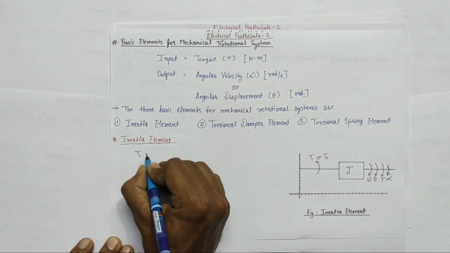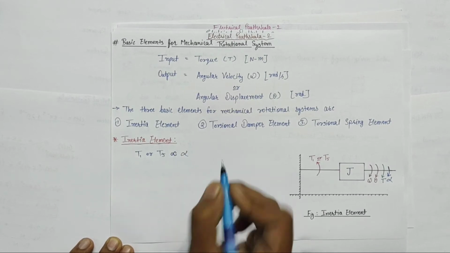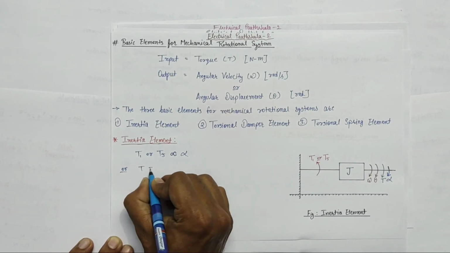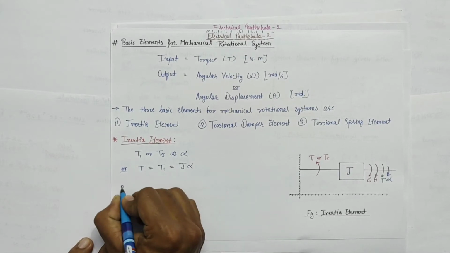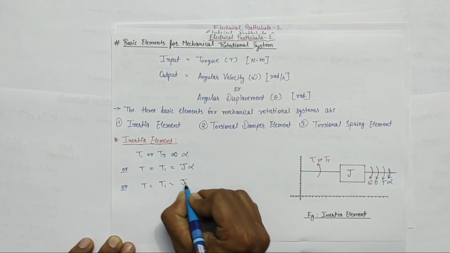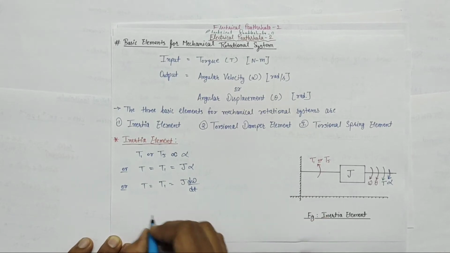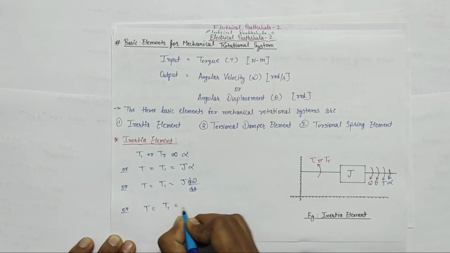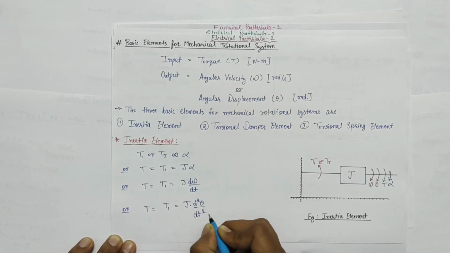So this resisting torque T1 is proportional to the angular acceleration alpha. So we can write here T1 or Tj is proportional to angular acceleration alpha, or as the other two elements are not present here, therefore we can write T is equal to T1 is equal to J into alpha, or we can also write it as T is equal to T1 is equal to J into d omega over dt in terms of angular velocity, or we can also write it as T is equal to T1 is equal to J into d2 theta over dt2.